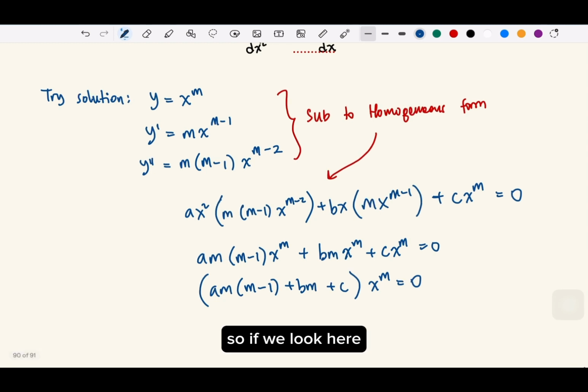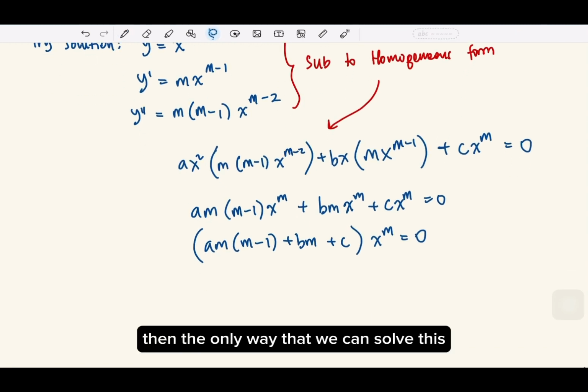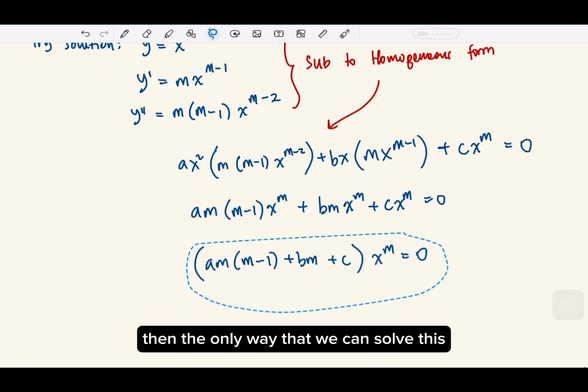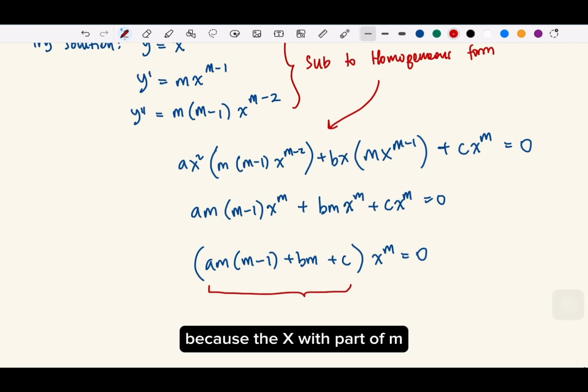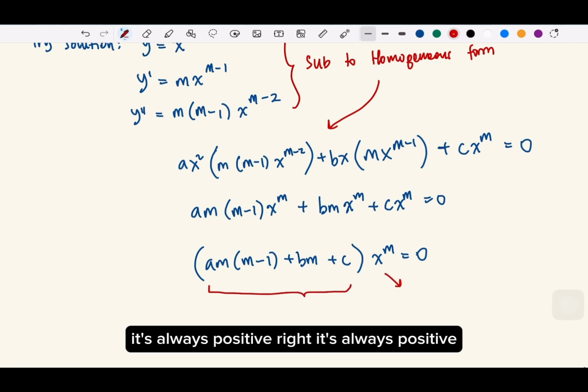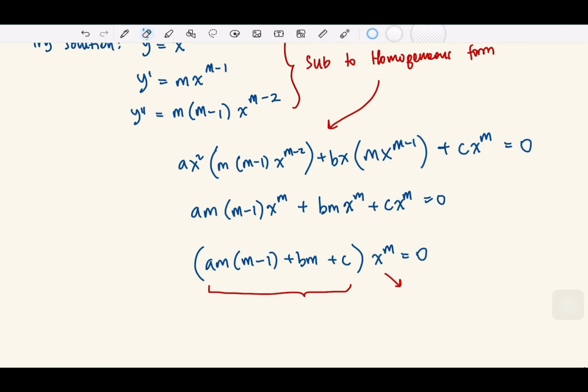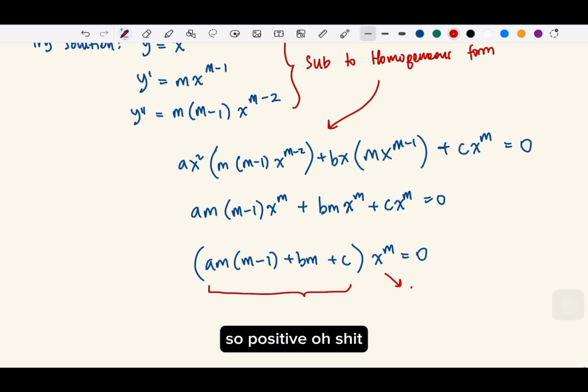So if we look here, the only way that we can solve this equation is by looking at the bracket, because x with power of m is always a positive function.